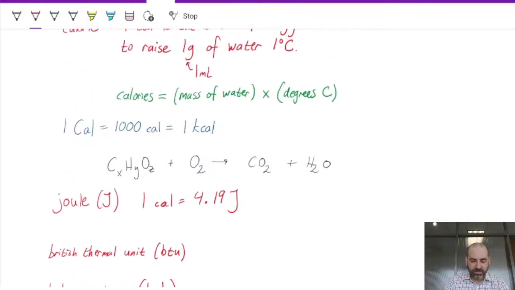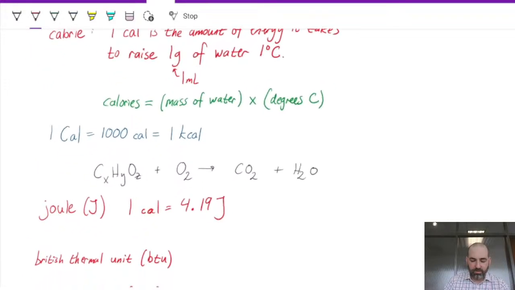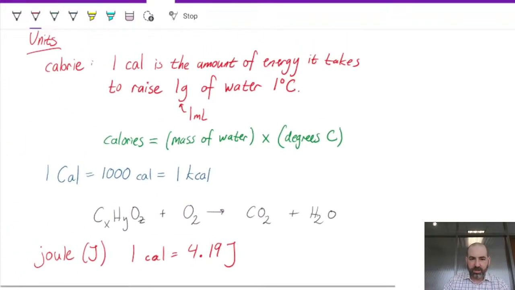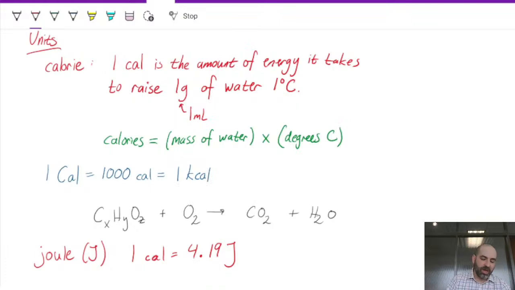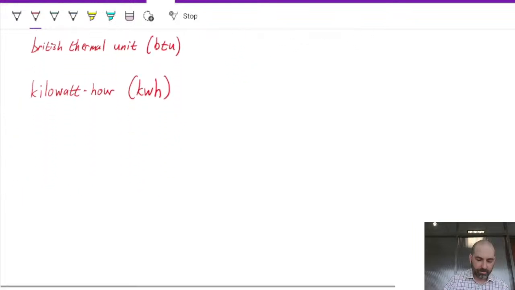All right, so that's units, and we will mostly use calories in this class. But one thing we're going to see in 2 weeks is when we look at the biodiesel project, we want to compare the biodiesel properties to other types of fuels. And sometimes when we look up the values for those other types of fuels, they're in these other units. So we might have to do some conversions back and forth to make that make sense. Okay.